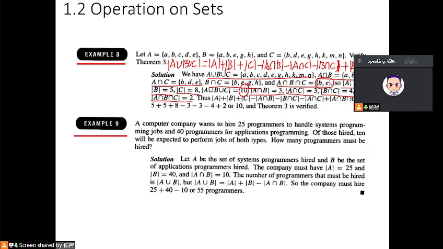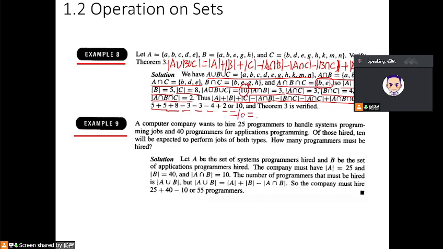And when we calculate this part, it is theorem 3. The right side of theorem 3 is equal to 5 plus 5 plus 8 minus 3 minus 3 minus 4 plus 2. Okay, what's the result? It's equal to 10.